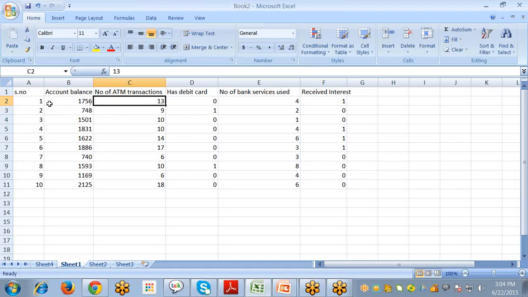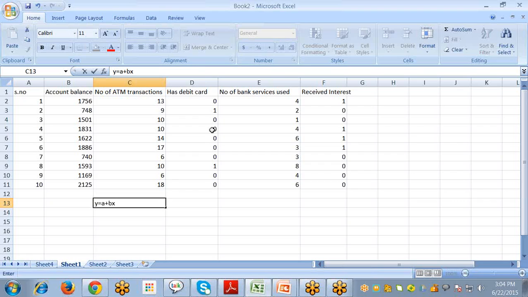So we can say that y is dependent on x. That means account balance is dependent on number of ATM transactions. So here we want to identify whether there is any relationship between account balance and the number of ATM transactions. So the relationship will be represented by y equals a plus bx.